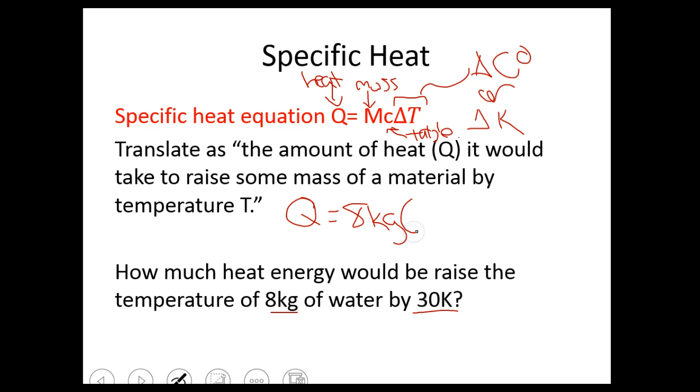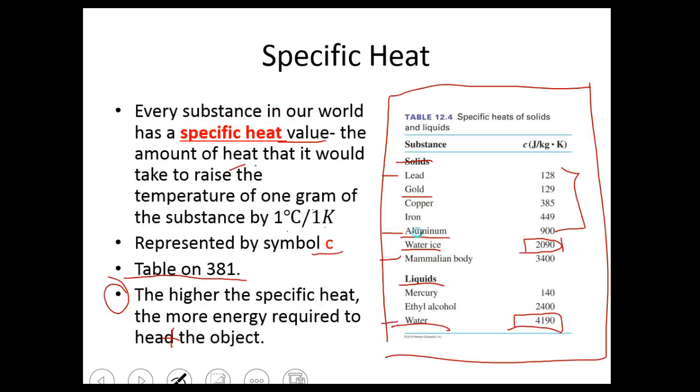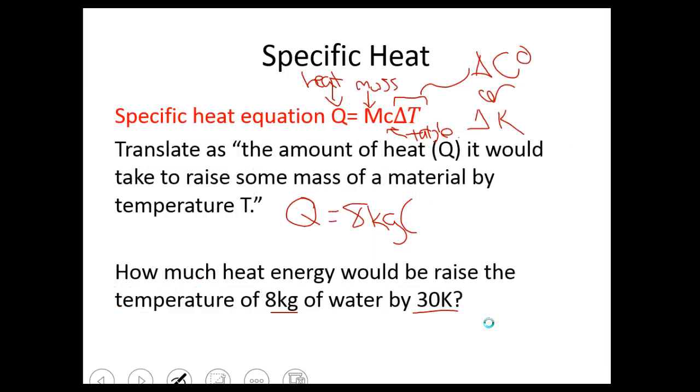The specific heat of water, we are talking about liquid water here, so we're going to use the 4190. And then we want to change the temperature by 30 Kelvin. Once we multiply that out, we'll have the heat in joules that needs to be added to that system in order to heat our water.